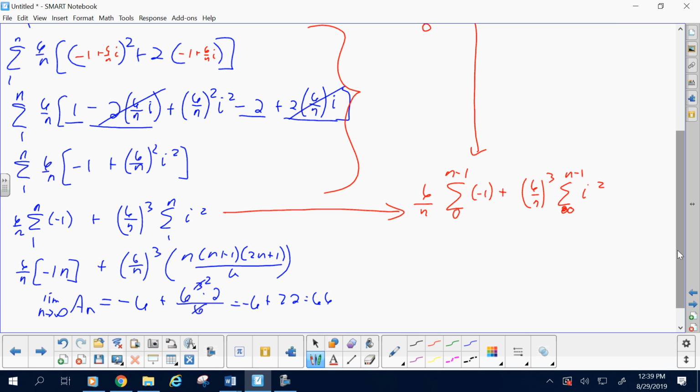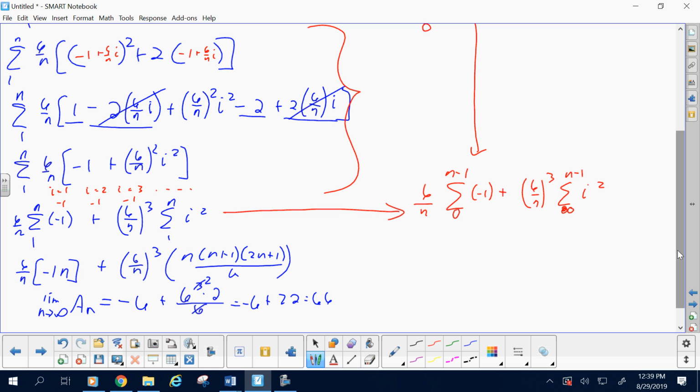Okay, now then, this formula is if I add negative 1 to itself n times. So think about how this will come out. When i equals 1, I get a negative 1. And when i equals 2, I get a negative 1. And when i equals 3, I get a negative 1.